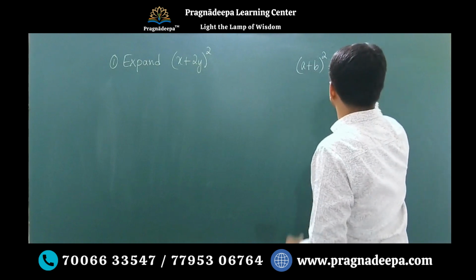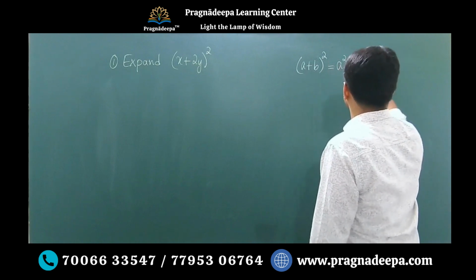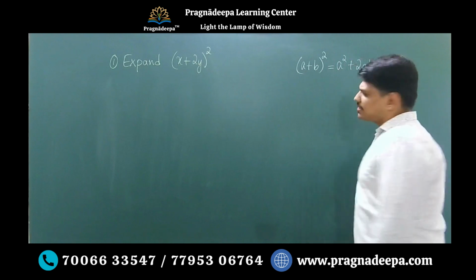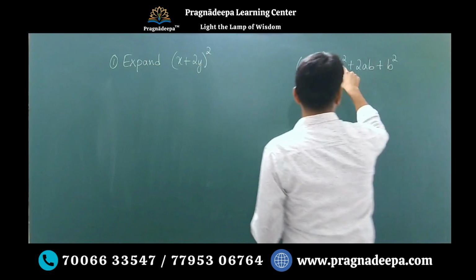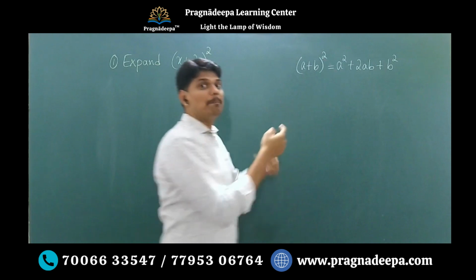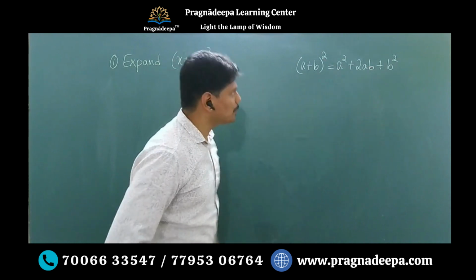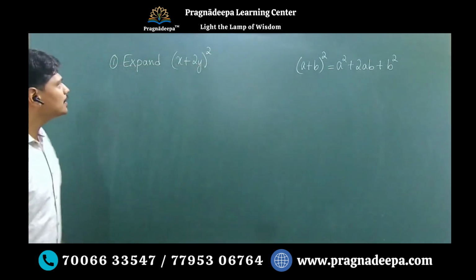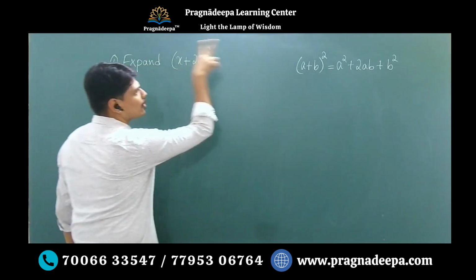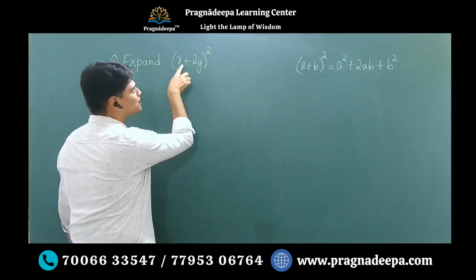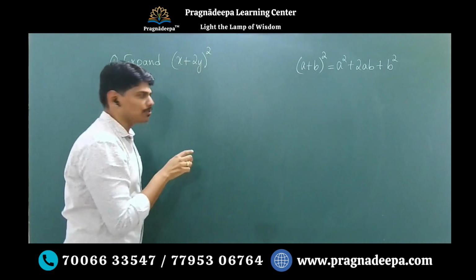That is a square plus 2ab plus b square. Some of you might have a habit of writing a square first, then b square, then plus 2ab. That should also be fine. There is no mistake. In total, three terms are coming. Now if I compare with the formula, in place of a, x should be written, and in place of b, 2y should be written.